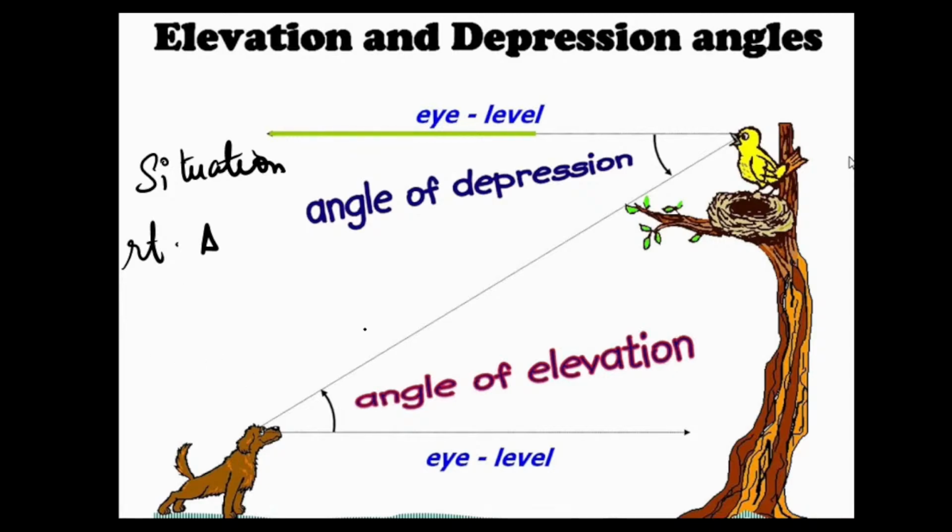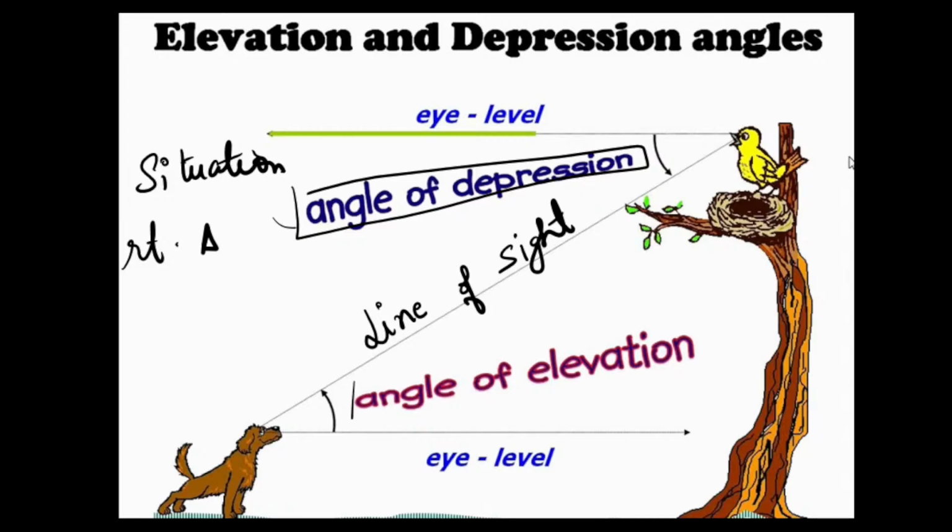If a person is looking up, here I have shown you one figure. Here you can see this is the eye. This line is known as line of sight. You can see from here something is viewed. With the line of sight only both the angles are made, angle of depression as well as angle of elevation.